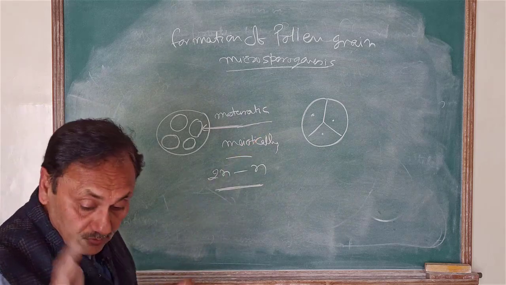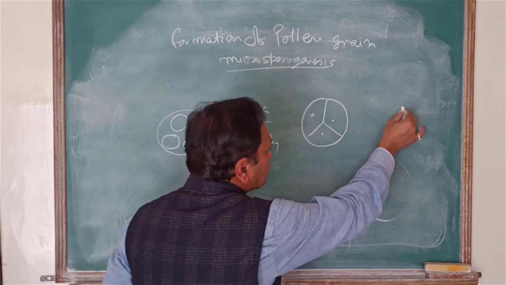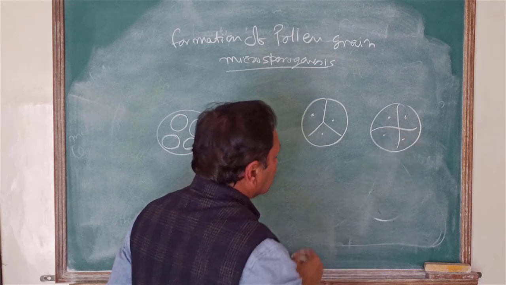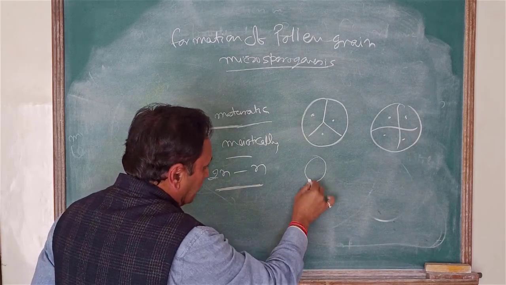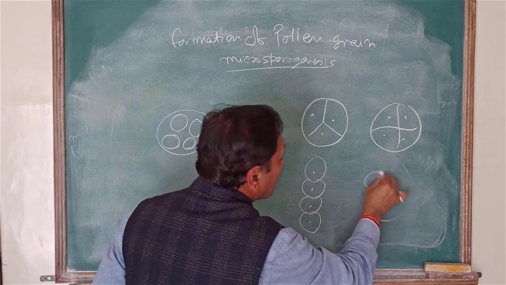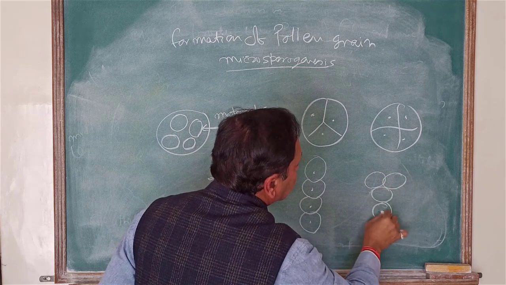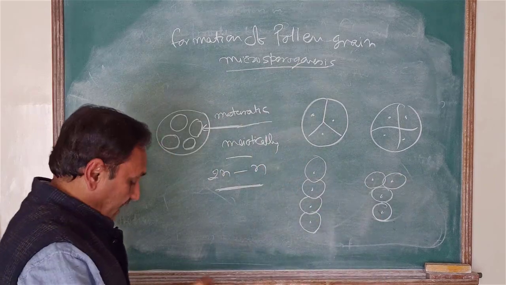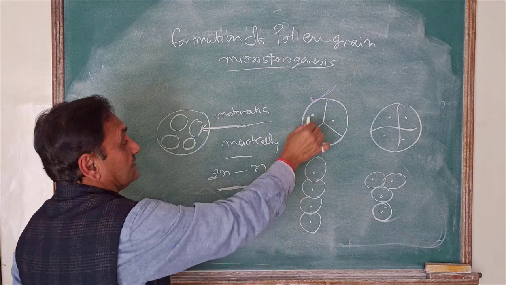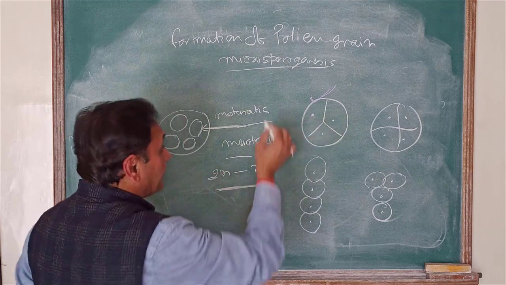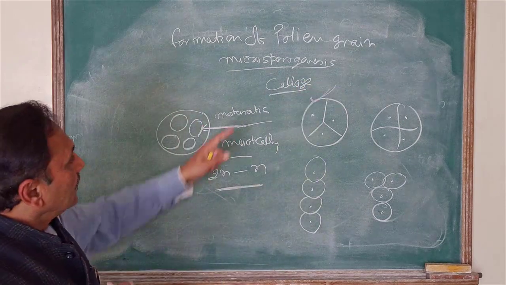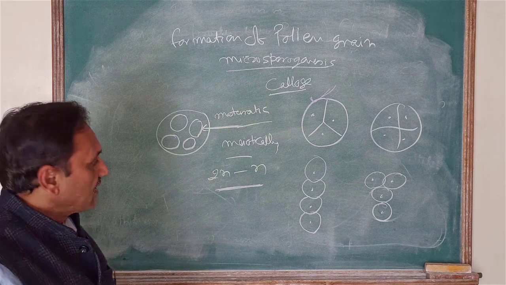But this tetrad may be of four types. One like this, another in this form, a third one either in this form or in this form. It is the most common type of tetrad. These cells are attached together by callose, a carbohydrate containing substance.